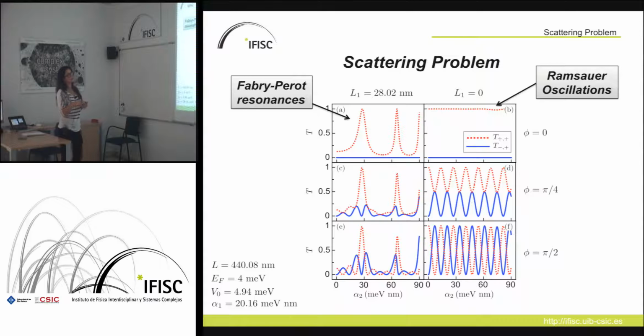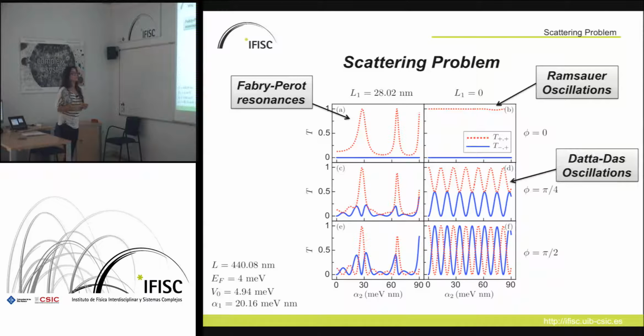Now we increase this angle, and the electrons in this case are polarized 45 degrees with respect to the axis minus y. For L1 equal to 0 without QPCs, we start to observe that the probability transmission is modulated.